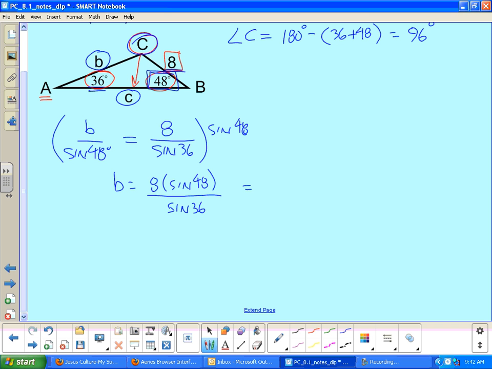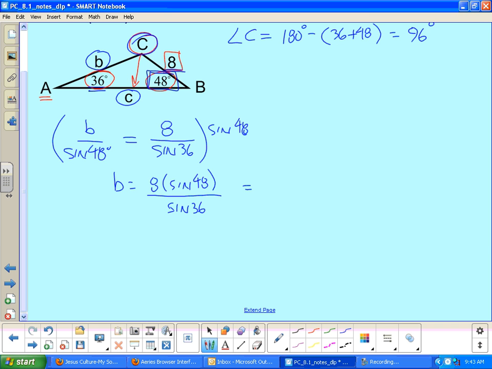If you were to punch sine, and then your calculator probably puts a parenthesis, and then you put 48, and then you did times 8, you're doing sine of a 48 times 8 angle, which is a rather large angle. You're actually only taking the sine of 48, close the parenthesis, then you can do times 8. All right, so be careful when you're putting this stuff in. You're going to get some weird numbers if you don't do it right.